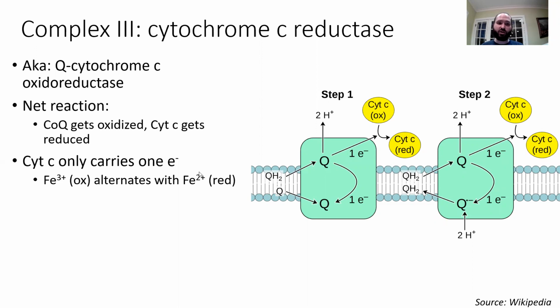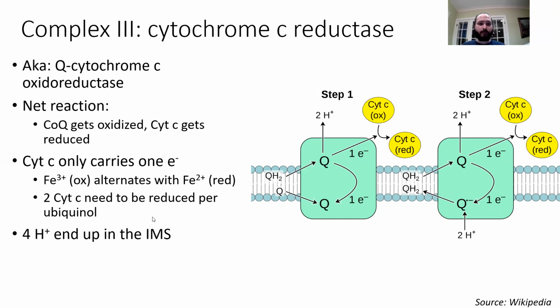The oxidation in cytochrome C is iron 3+ alternating with iron 2+. So that's why it can only carry 1 electron, because it has only those 2 possible oxidation states. And in complex 3, 4 protons will end up in the intermembrane space. So that's a sufficient understanding of complex 3.